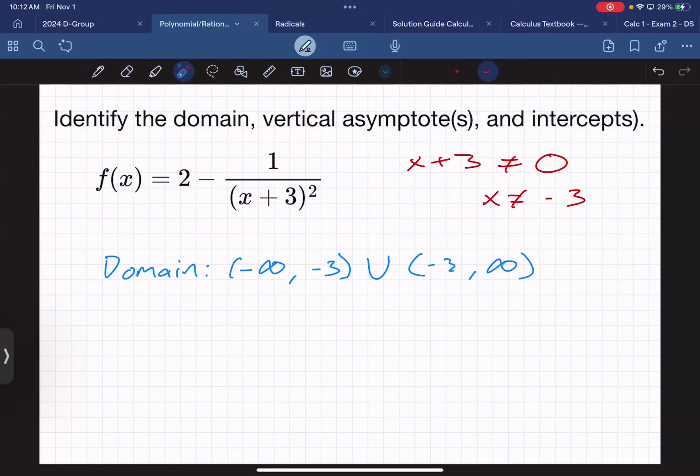And this is where we're going to start to say my restriction can take on different forms, right? There's 2 main things that you're going to look for here. The situation where you can't simplify and we're just stuck with the x plus 3 in the denominator. And then there's going to be times where you can simplify, right? So whenever you can't simplify out that factor, that's when you're going to conclude that we have a vertical asymptote at that value.